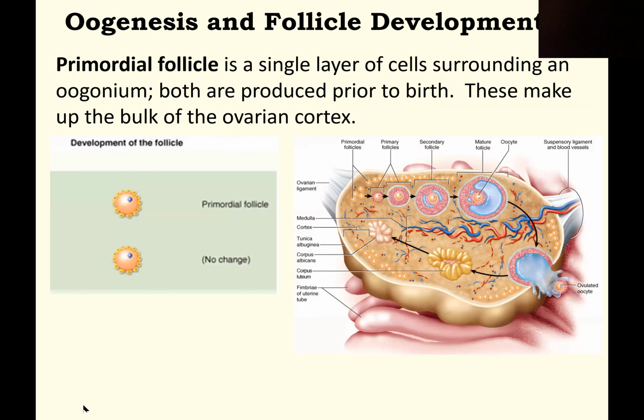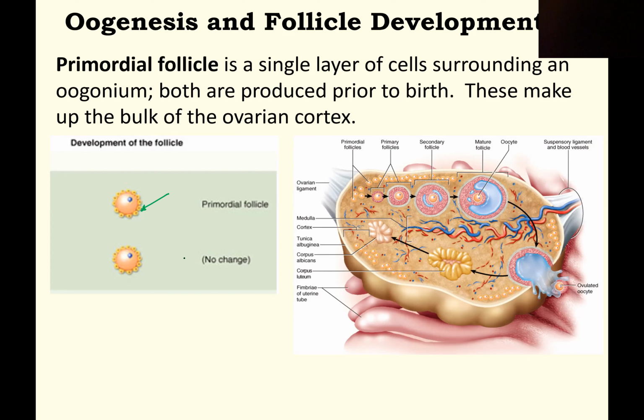Another difference is that the developing ovum is housed within another structure called a follicle. We're going to define 3 different stages of follicles. The primordial follicle is what we're going to see as a single layer surrounding the oogonium.